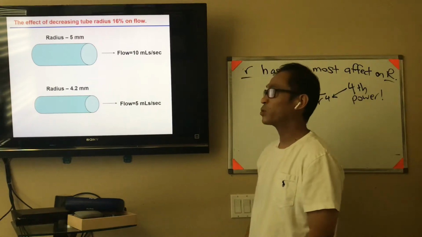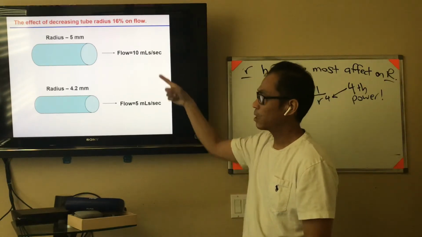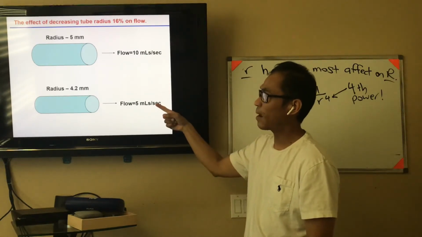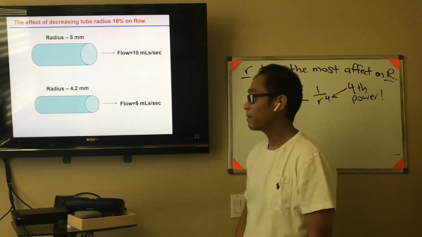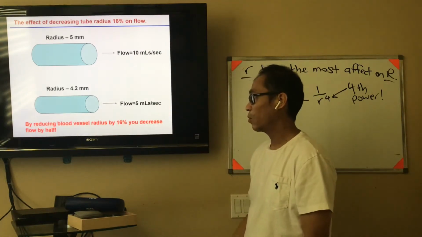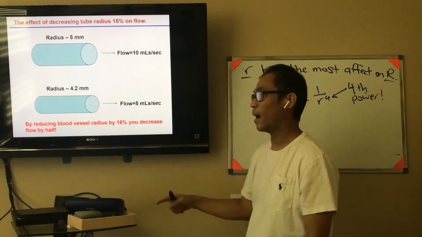If you did the math, which we won't, but I'll just tell you, say flow here is 10 mils per second flow rate. Here, just reduce it by 0.8, flow is reduced by half, 5 mils per second. So by reducing vessel radius by 16%, you decrease flow by half.